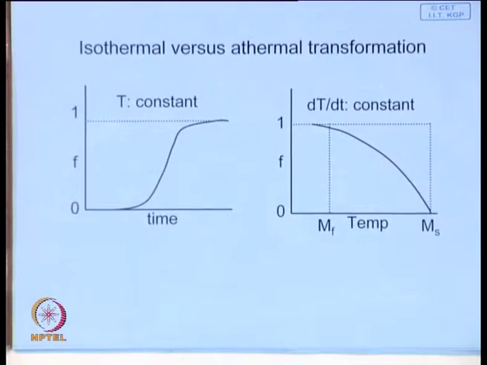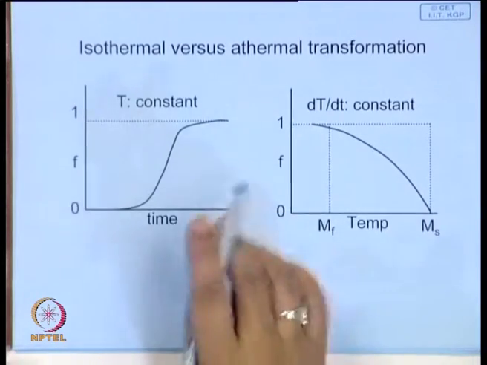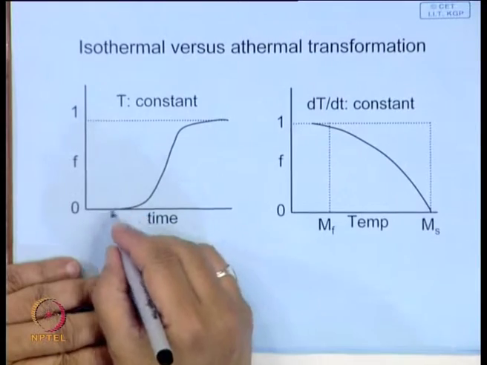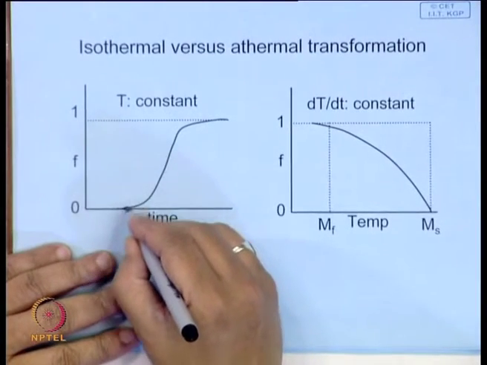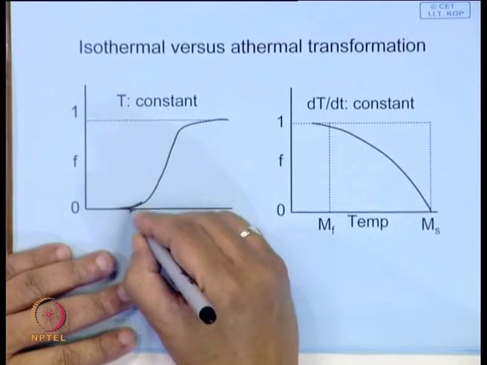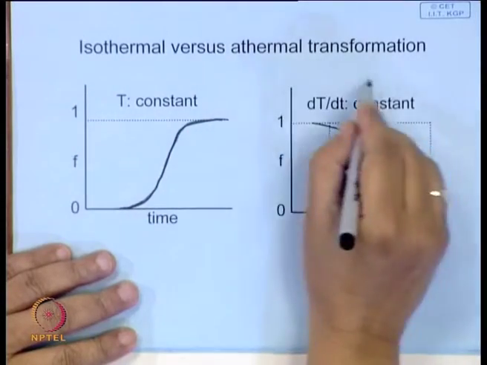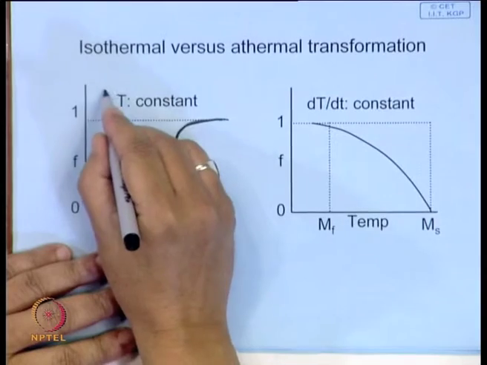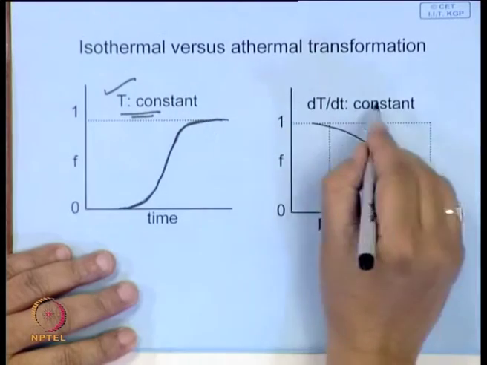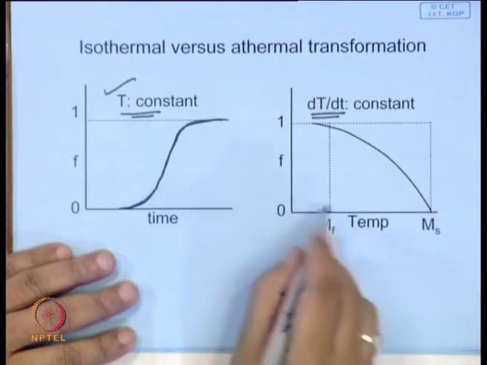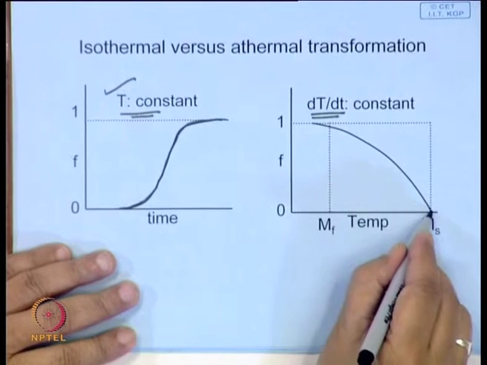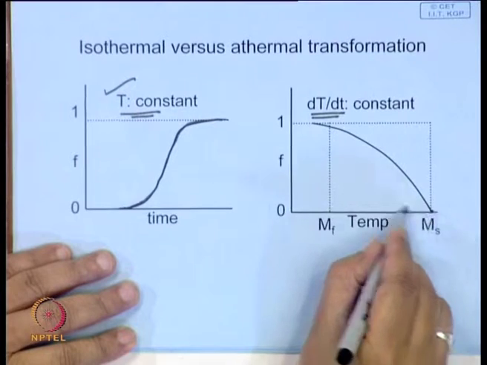And a quick comparison between isothermal and athermal transformation. This feature we are very much familiar with. This is the isothermal S-shaped curve, whereas in athermal, temperature is not constant; possibly we say that the cooling rate is constant, and transformation starts only when Ms is crossed.